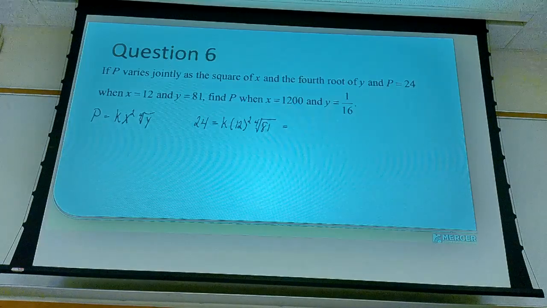What is 12 squared? What is the fourth root of 81?